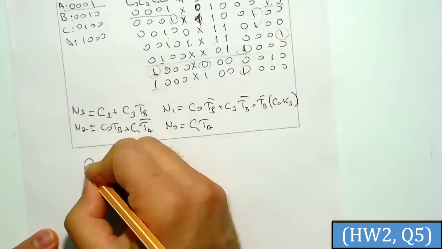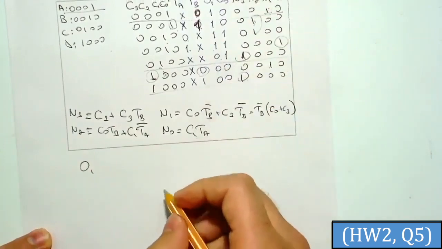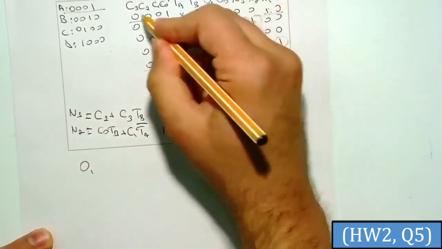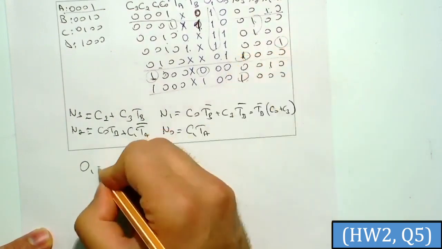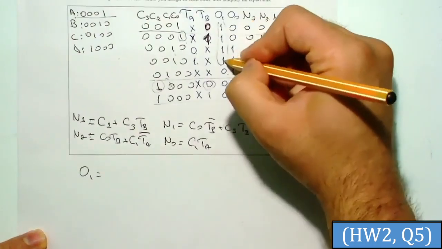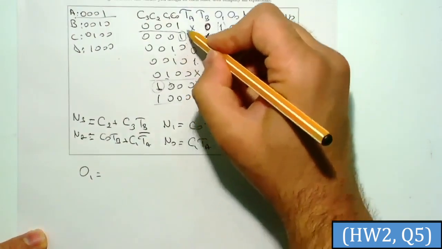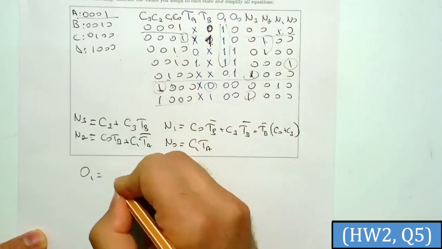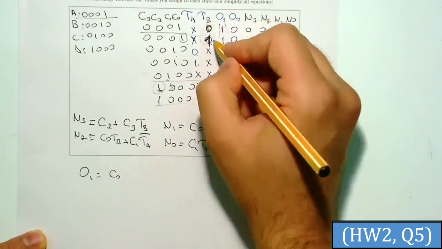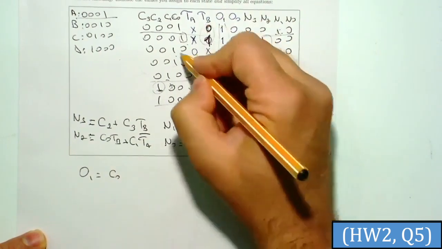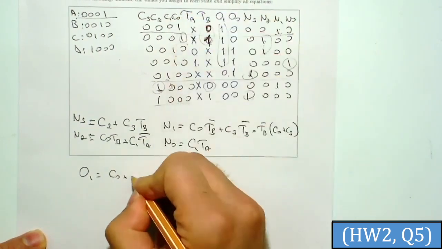And for output 1, I have 1 when either C0 is 1, and it doesn't depend on TA or TB, or when C1 is 1, right?